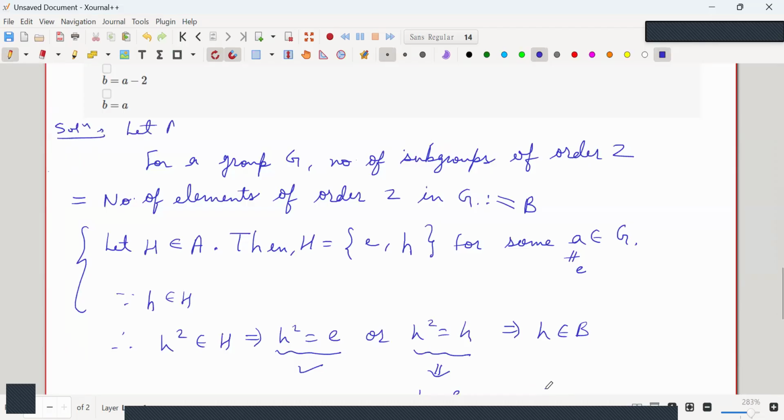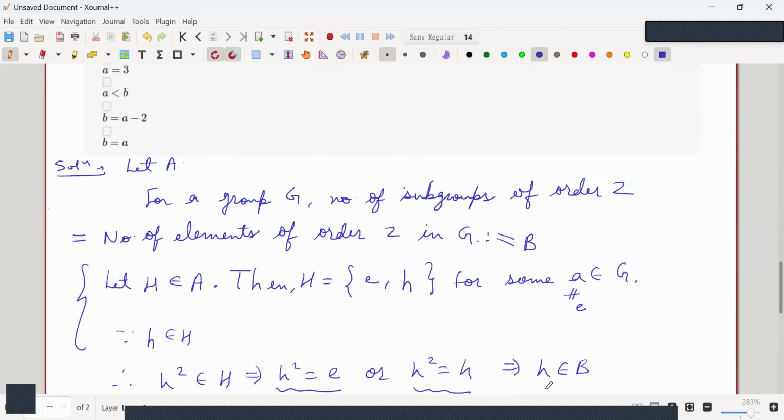Let A be the collection of subgroups of, or maybe since we have less space, I will just simply write like that. Let G be a group.